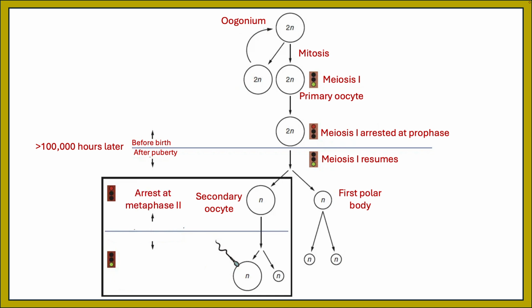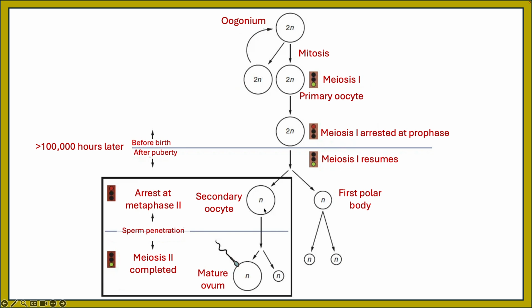So the secondary oocyte will arrest at metaphase 2, and the continuation won't happen until after sperm penetration has occurred, when meiosis is complete, and that is when you have the mature ovum. So here we can see your two ends, so you have homologous pairs and sister chromatids present.